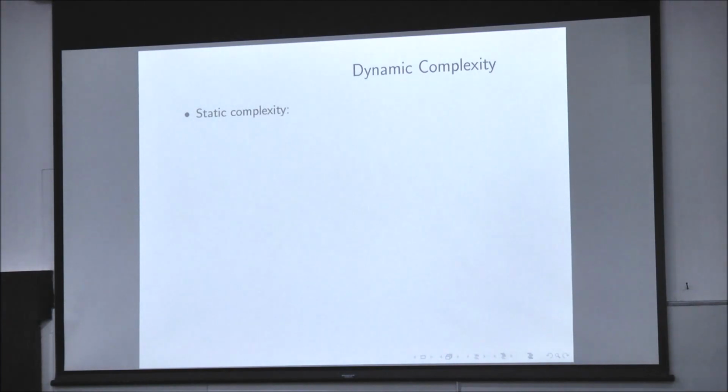We are going to talk about dynamic complexity. What we are familiar with in the usual case is static complexity. Here, the input graph G is presented in one shot, and the algorithm outputs whether G satisfies a particular property, such as matching or reachability or your favorite property for the graph.